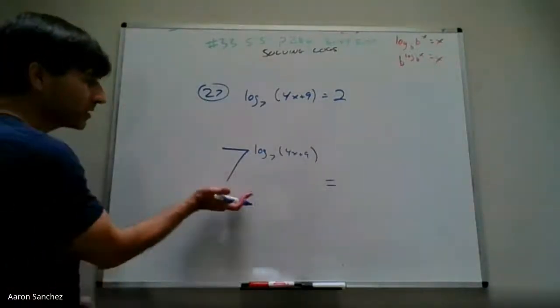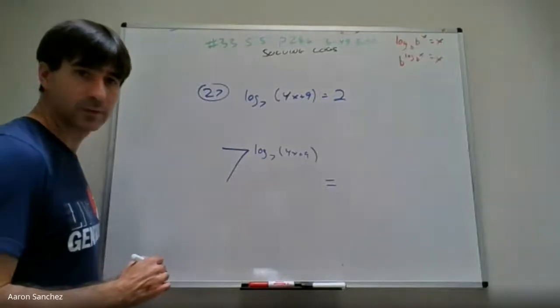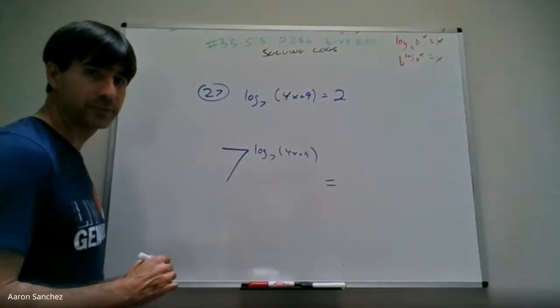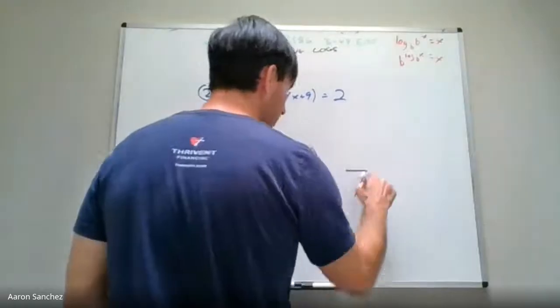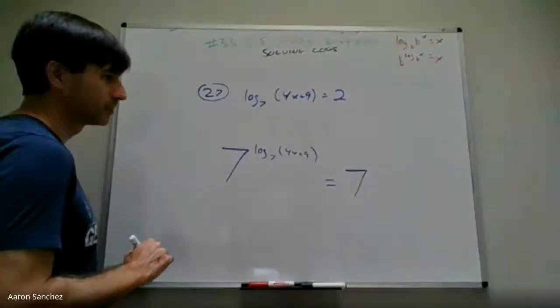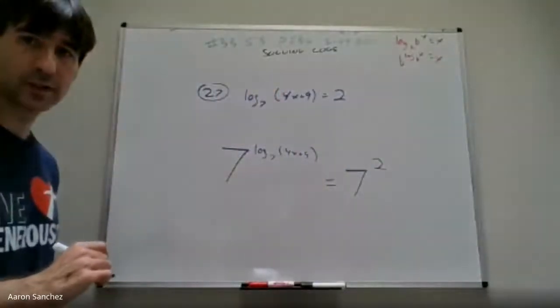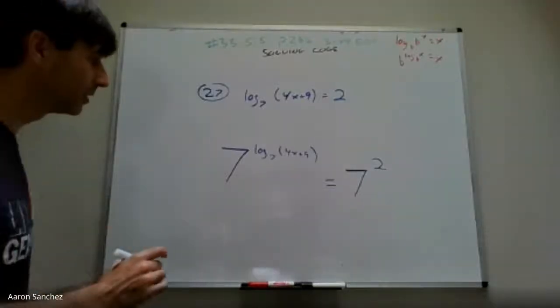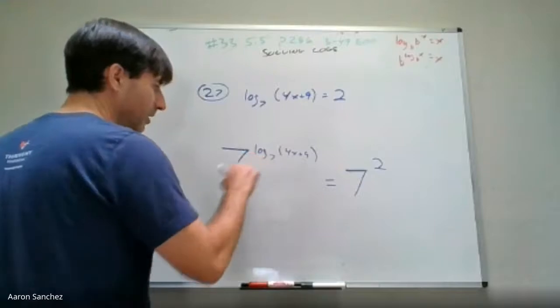If I put a base on the left, what am I going to have to do on the right? Giovanna, what do I have to do on the right? You're going to have to put the base over there too. So it's going to be 7. What am I going to raise that 7 to, do you think, Giovanna? To 2? Very good. You guys see that? Now, these cancel out because they're inverses, right?